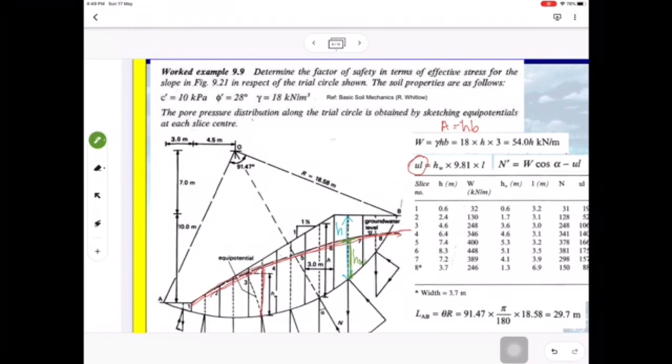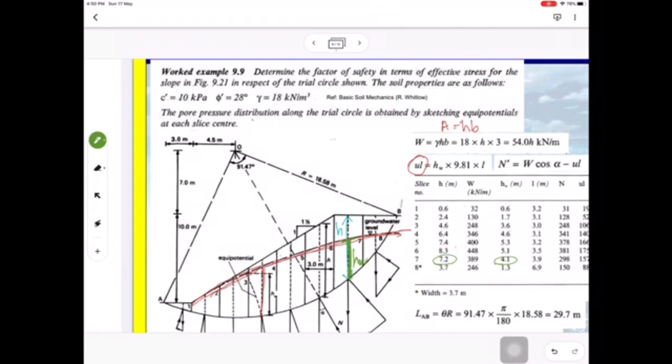This is HW. From the groundwater table to the line AB, that is HW. So HW is 4.1, but the H is 7.2.